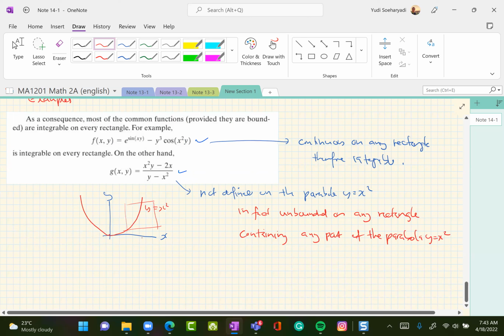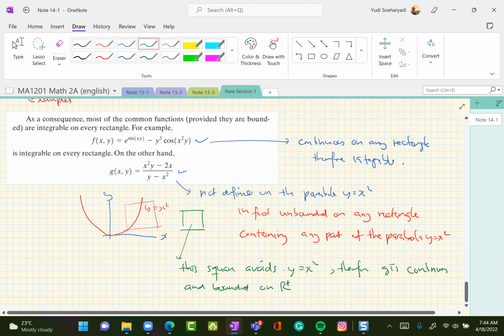But if you take a rectangle here that avoids the parabola, therefore g is continuous and bounded on this R, say R star, and therefore integrable on R star.